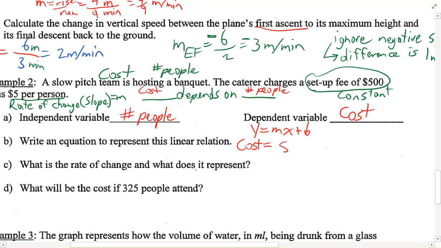Equals $5 times the number of people, plus the setup fee.